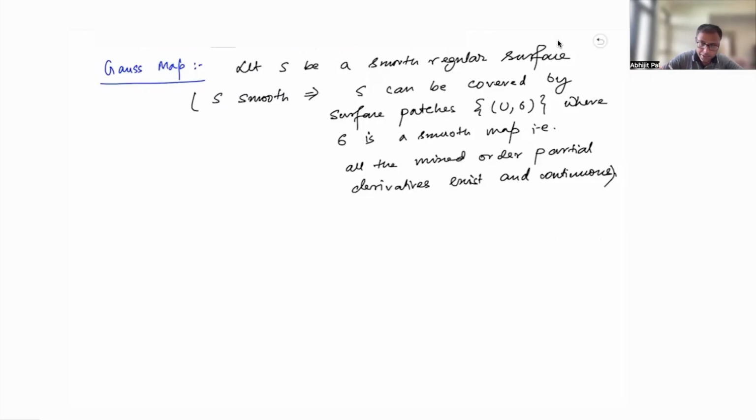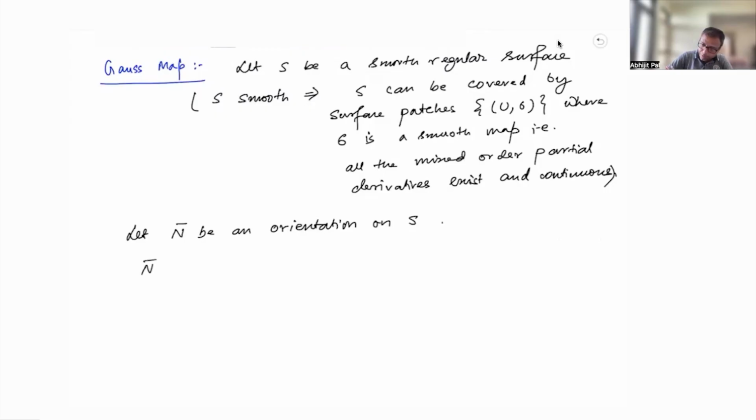And let us take N to be an orientation on S. So let n bar be an orientation on S. Again, what is the meaning of orientation?